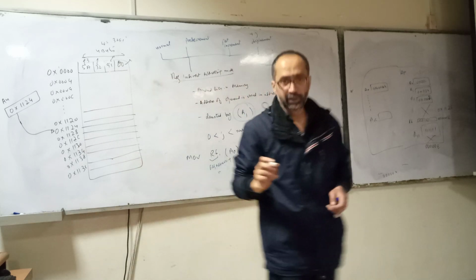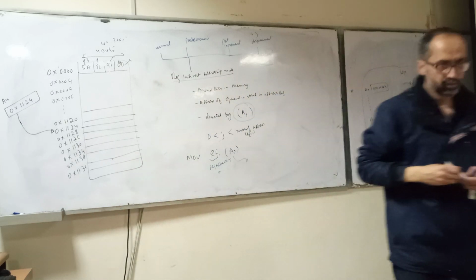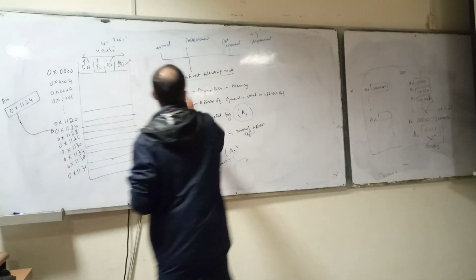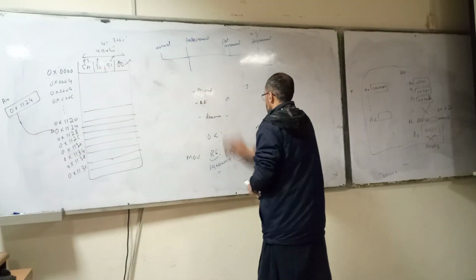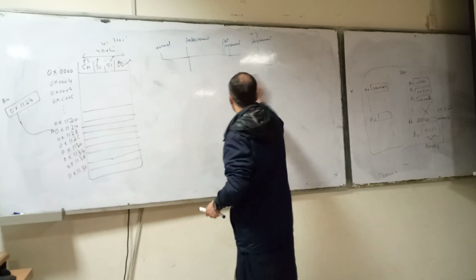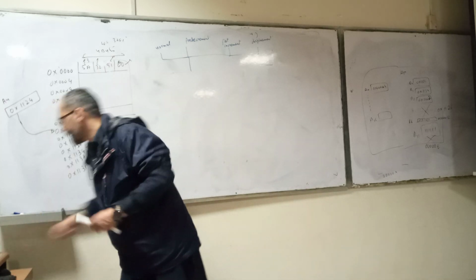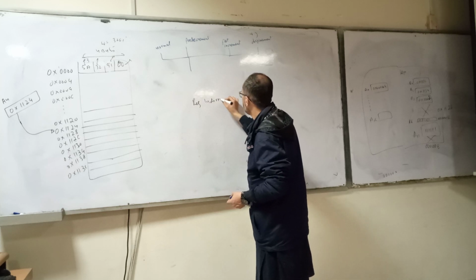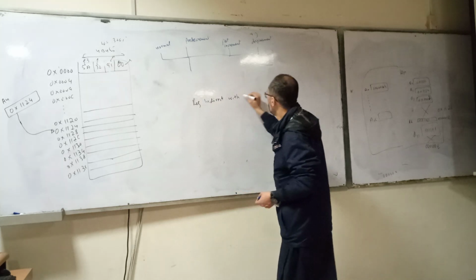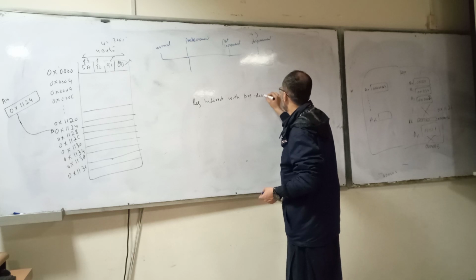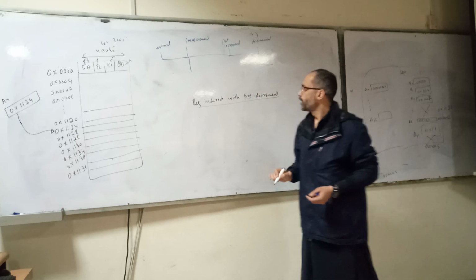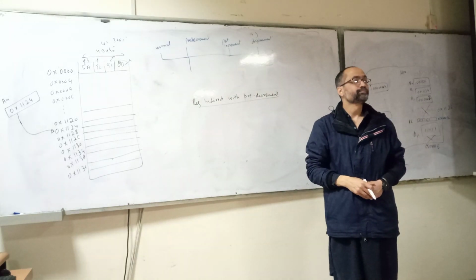Okay. Now we will study register indirect with pre-decrement. Where does the operand lie?